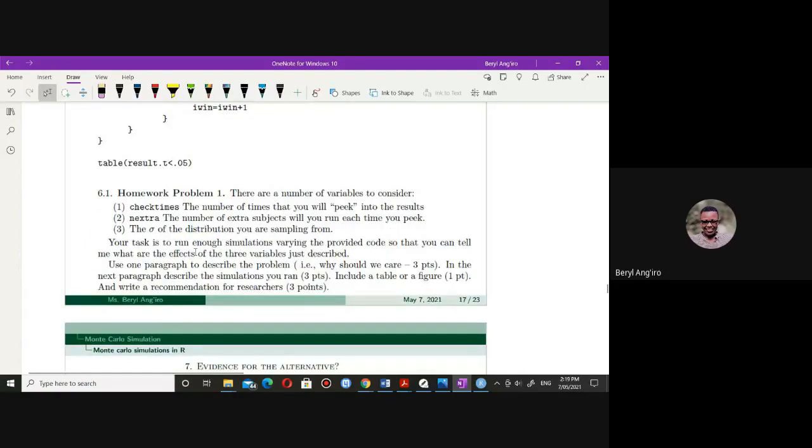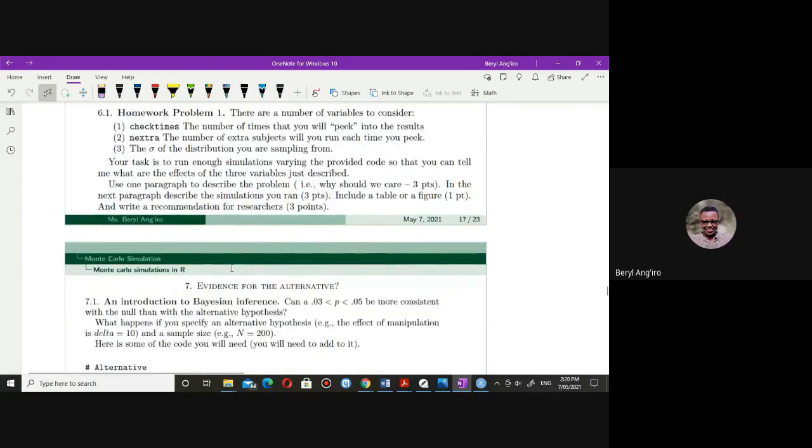Your task here is to run enough simulations varying the provided code, so that you can tell the effects of these three variables: check times, n extra, and theta, the standard deviation. Use one paragraph to describe this problem and why we should care, why we need to change the values of the check times, n extra, and standard deviation. So you can try that one.